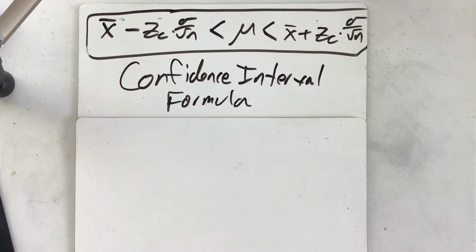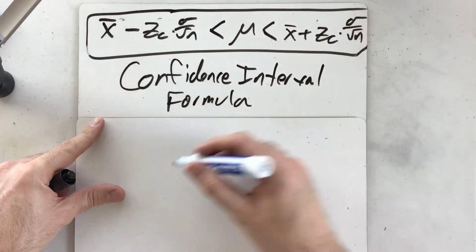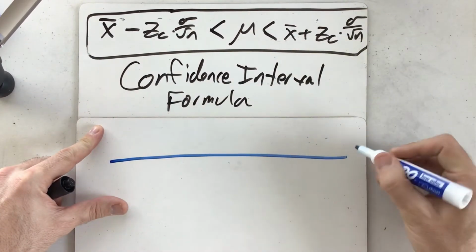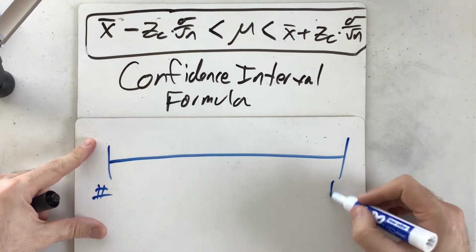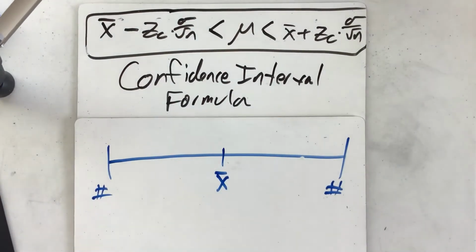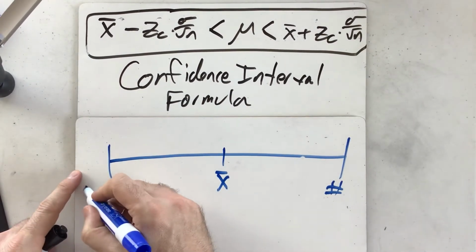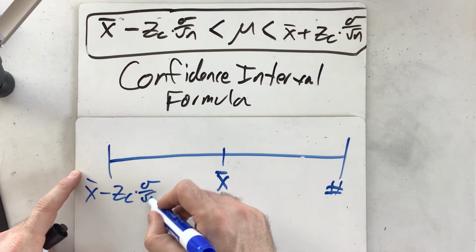Well, when we're done with the confidence interval, we're going to get a number. We're going to have some number on this side and some number on this side, some sort of range of values with a number over here and a number over here. And right in the middle is going to be whatever that x bar term is. Over here is going to be x bar minus ZC times sigma over square root of n.